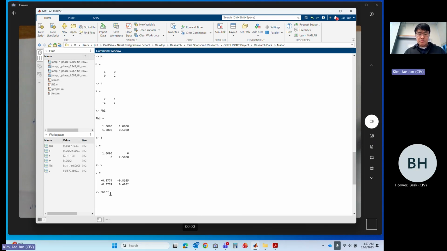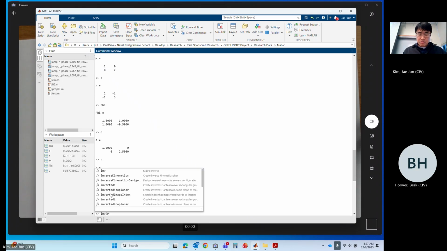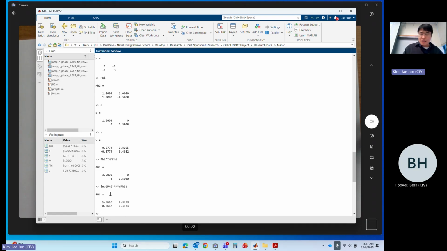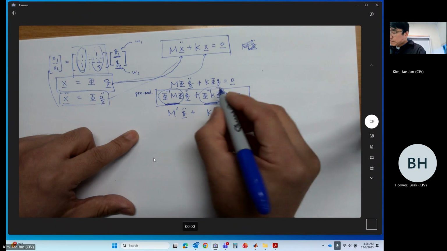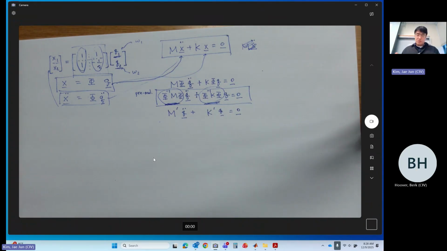P transpose times... okay. So what the orthogonality means is when you... so instead of using... okay, so only this one works.